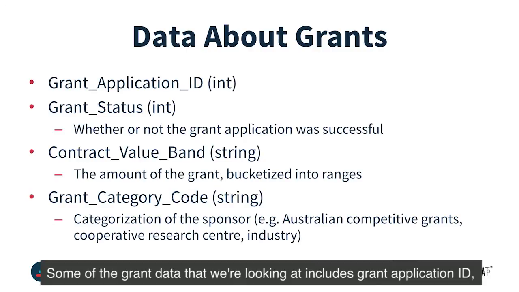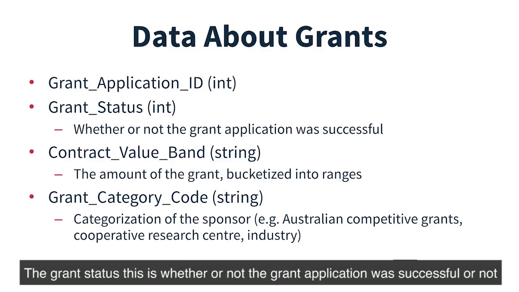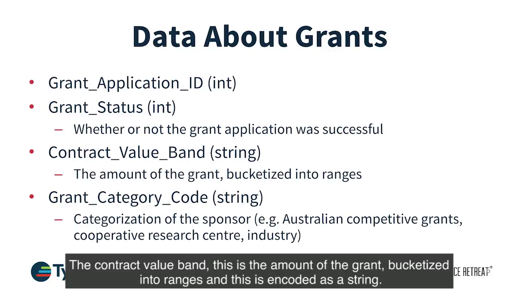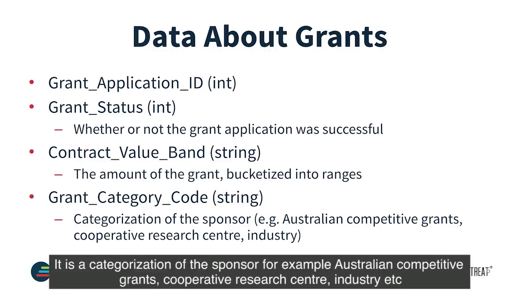Some of the grant data that we're looking at includes the grant application ID, which is encoded as an integer, the grant status, this is whether or not the grant application was successful or not, the contract value band, this is the amount of the grant bucketized into ranges, and this is encoded as a string, and grant category code. Also encoded as a string, it is the categorization of the sponsor. For example, Australian Competitive Grants, Cooperative Research Centre, industry, etc.